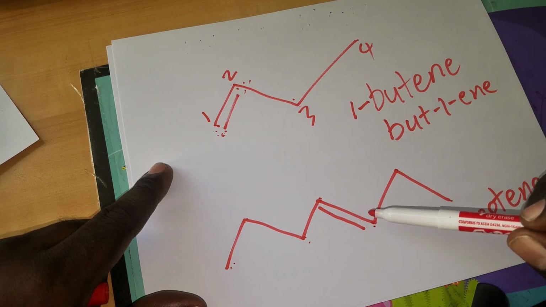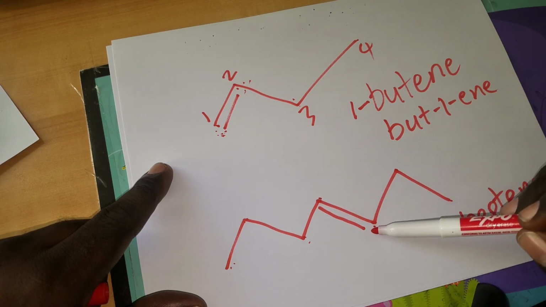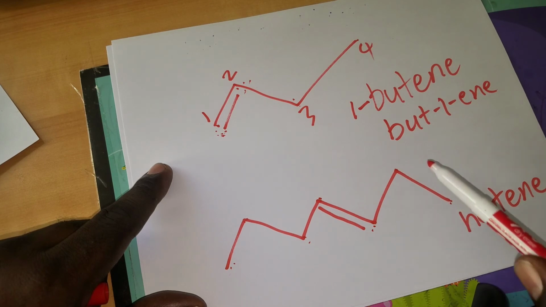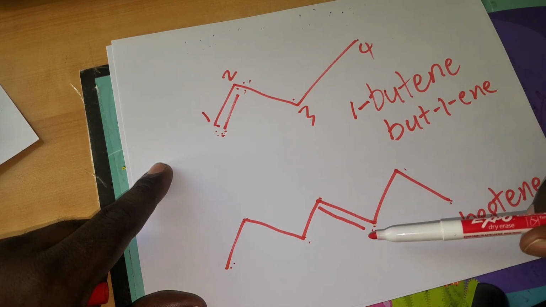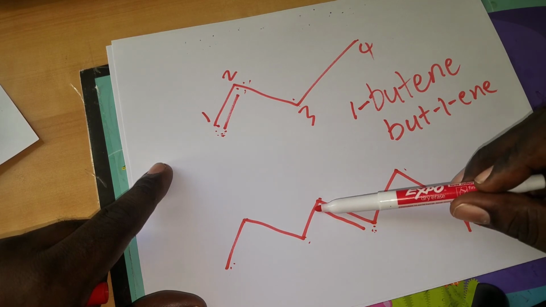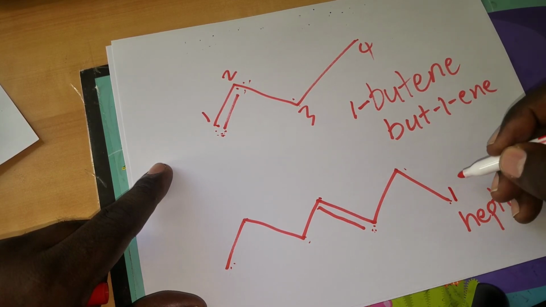So counting from left to right, the double bond is between carbon 4 and carbon 5. Let's see from right to left. 1, 2, 3. Okay, so counting from right to left, the double bond is between 3 and 4. So therefore, we're going to number our carbon chain from right to left.